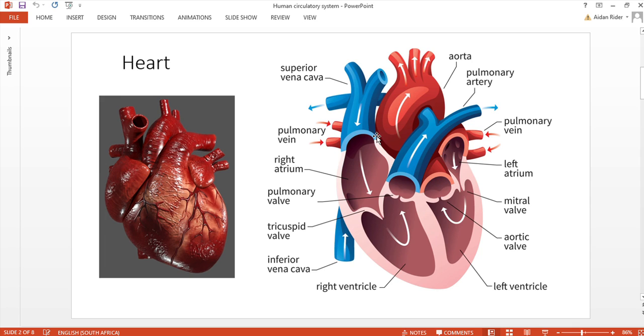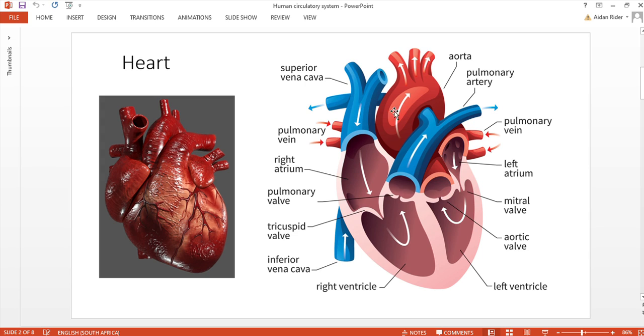But if we take a transverse section through it and look on the inside to see what goes on, there are some areas. Let's start at the top. We have things called veins and arteries. In this picture, the blue represents the veins. Usually the vein means deoxygenated blood, so it brings blood from the rest of the body to the heart that does not have oxygen.